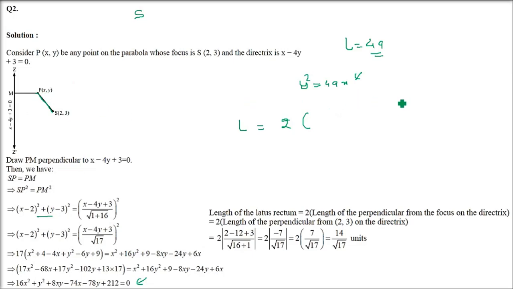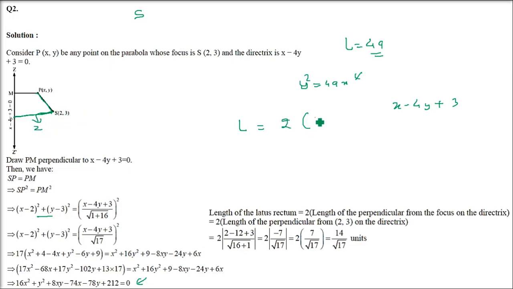So the distance between the directrix and the focus is the value. When it is multiplied by 2, you are going to get the latus rectum. Exactly this perpendicular distance I am talking about, the distance from 2, 3 to this line.